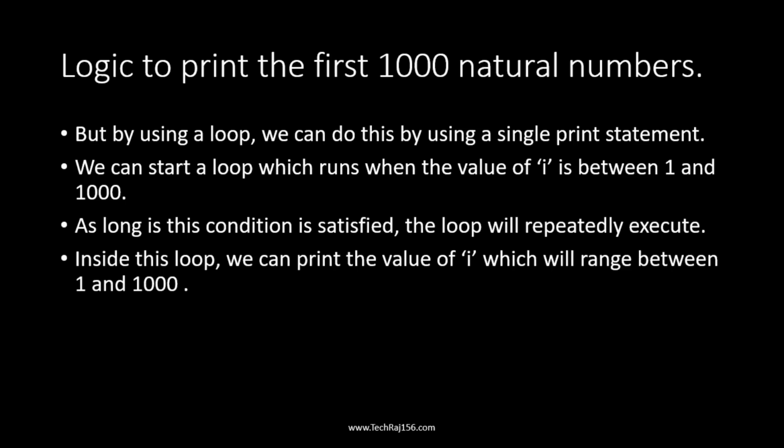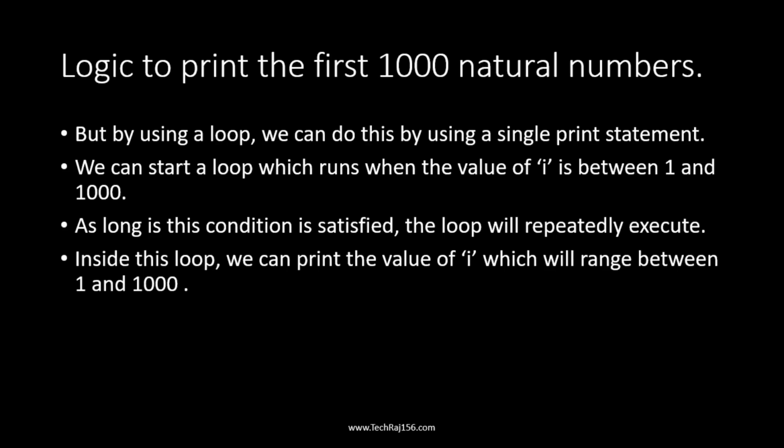One thing I want you to note is that for every iteration of this loop, the value of I is incremented by 1. For the first iteration, the value of I is 1, but for the second iteration it's not going to be 1; it's incremented by 1. What I mean by incrementing is I equals I plus 1, so I will be 2 for the second iteration and we print 2.